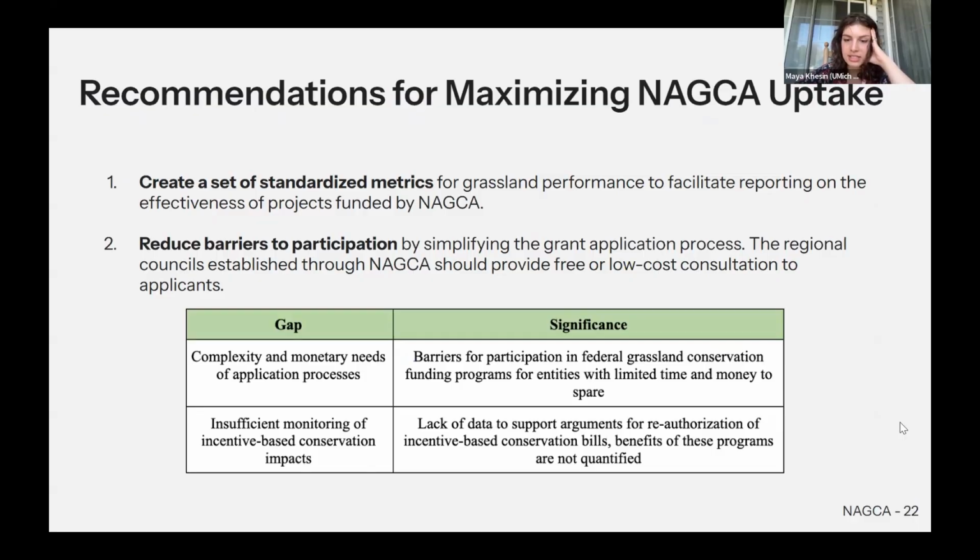Other recommendations are to do with, if NAGCA does get passed, how it can be modified to facilitate maximal uptake by conservation groups. So the first recommendation is to create a set of standardized metrics for grassland performance. This is important because NAGCA would have to be reauthorized every 5 or so years, and if there's data backing its effectiveness, there's a lot more of an argument that could be made in its favor in Congress.